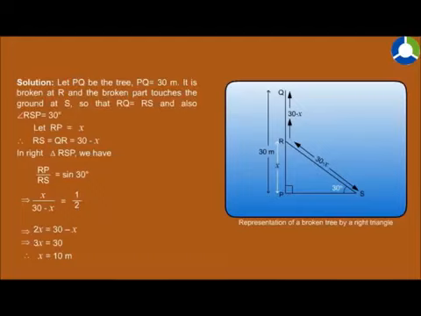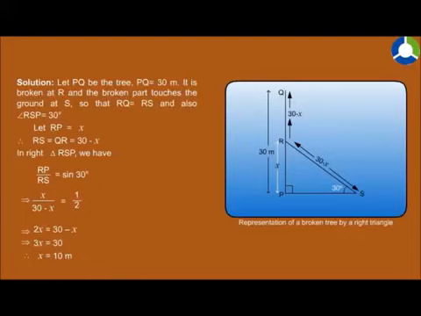It is broken at R and the broken part touches the ground at S, so that RQ equal to RS and also angle RSP equal to 30 degree. Let RP equal to x. Therefore, RS equal to QR equal to 30 minus x.